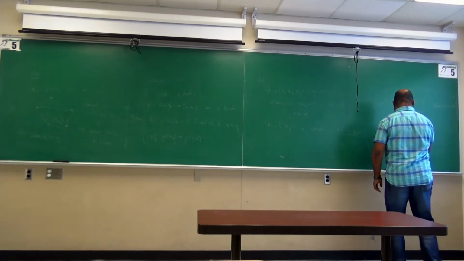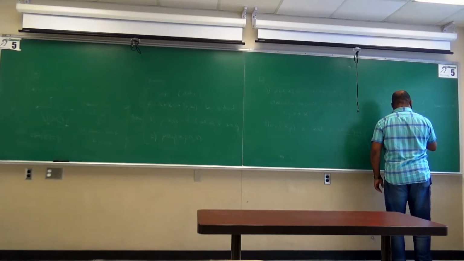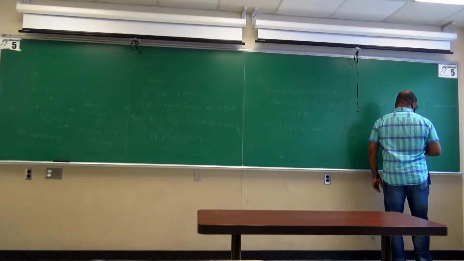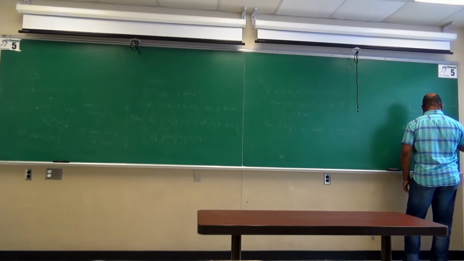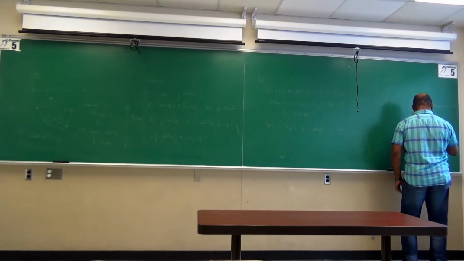Where the diameter of sigma is the maximum of rho(x, y), where x comma y are in sigma.